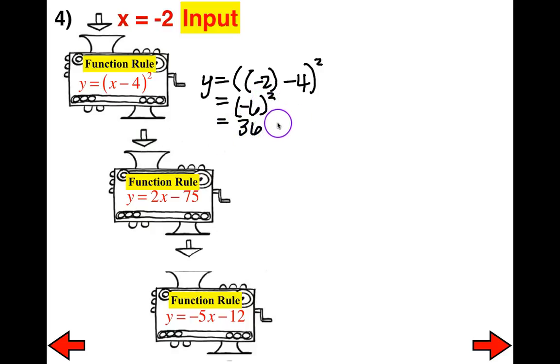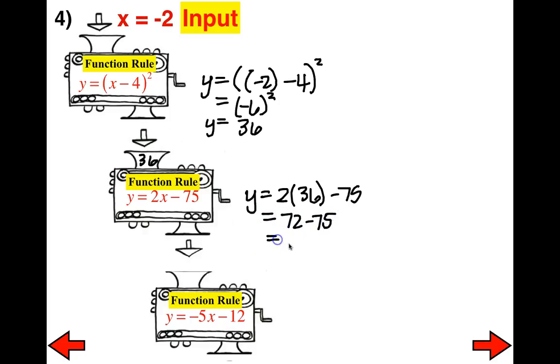So 36 is my output, but now I'm going to put it into the machine, so it's now an input. So 36 is going to go on this side of the machine, so y equals 2 times x, which is 36, minus 75. So this is going to be 72 minus 75, which gives me negative 3.